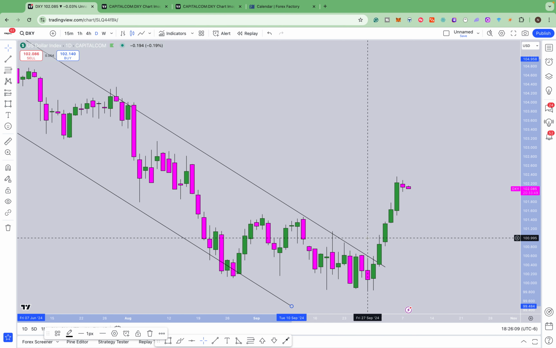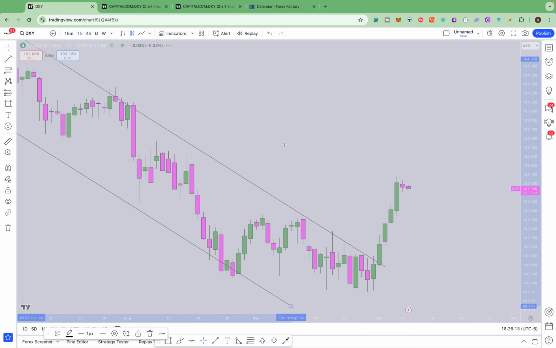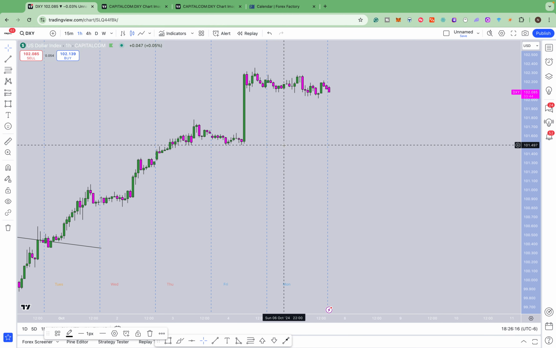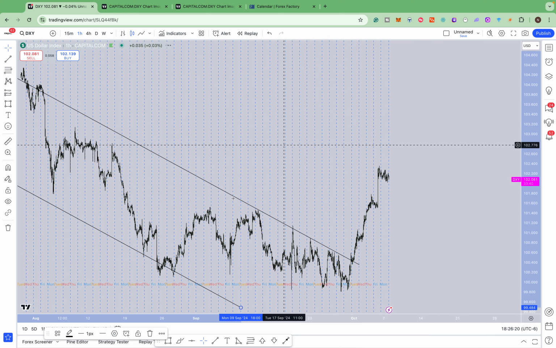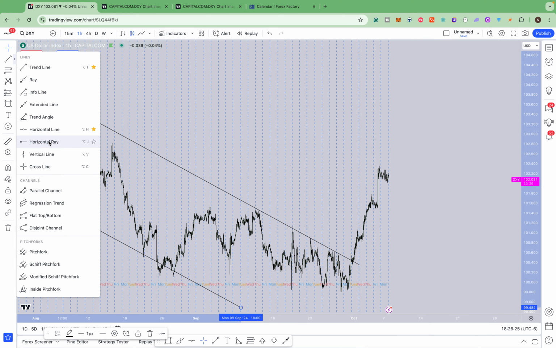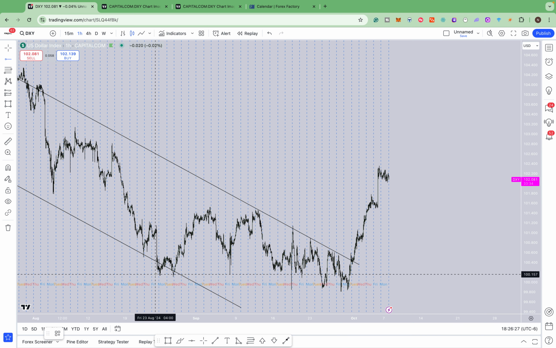Now, let's zoom in and look at the 1 hour time frame. If we zoom in, we'll plot our support and resistance levels, but we're not going to be using the support and resistance as the masses do, as a retail trader would normally do.